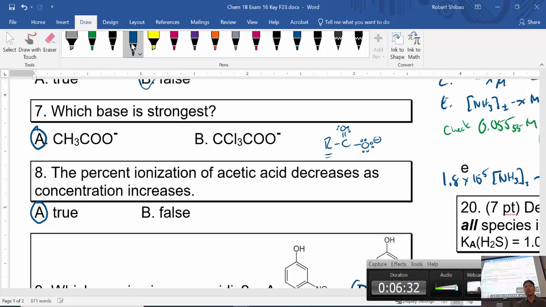And usually for R groups, we look, is it electron rich or electron poor R group? And so the two R groups that we're looking at here is, one is a methyl in acetic acid, and the other R group is a trichloromethyl group. A trichloromethyl group has just chlorines instead of the hydrogens here.